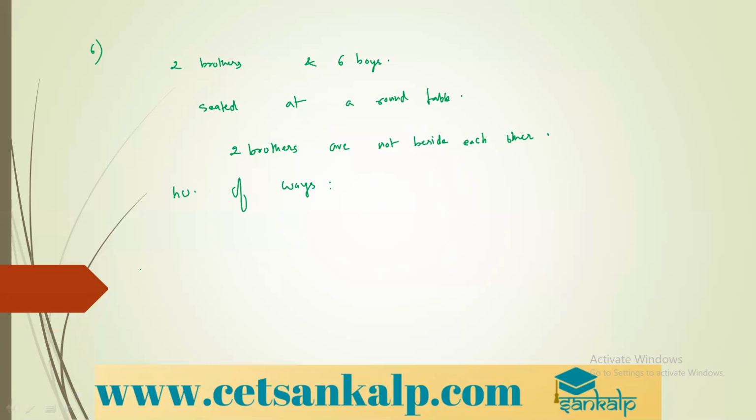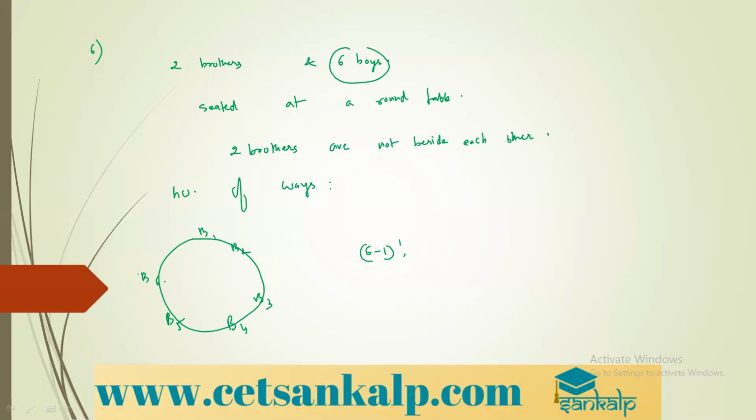So, first of all, what we have to do here: total 6 boys are there. We will arrange them in a circle, B1, B2, B3, B4, B5, B6, in 6 minus 1 factorial ways.